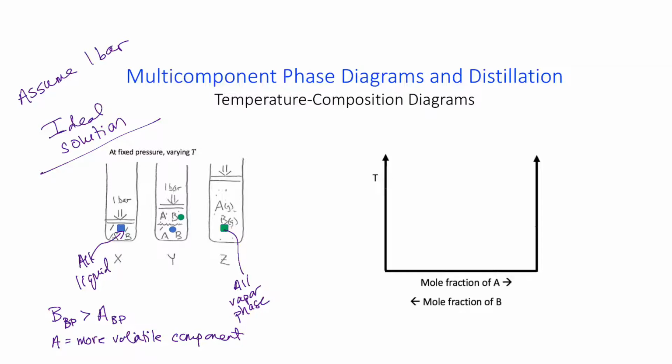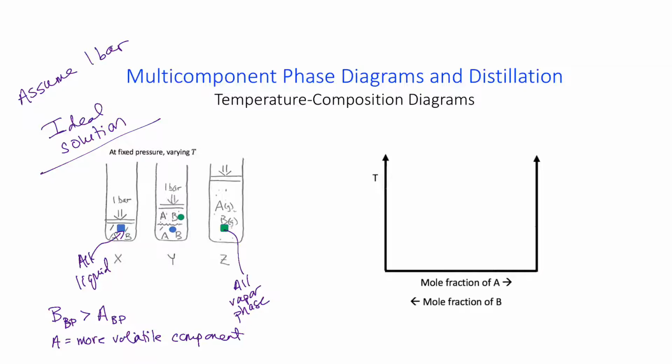So in our case, we're going to plot this as a function of the mole fraction of A. So as we go across our x-axis, we are getting a higher composition in A. Likewise, if we go in the other direction, we have a higher composition of component B. So here we have all B, and at this point, we're going to have all A in our ideal solution.